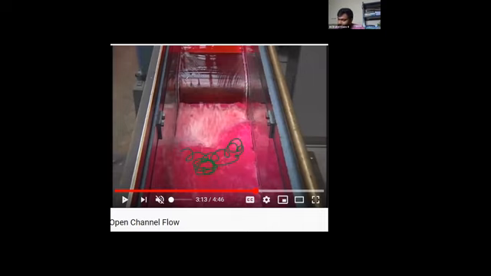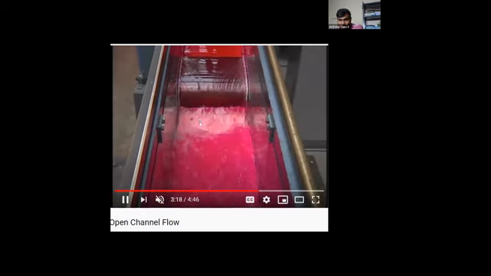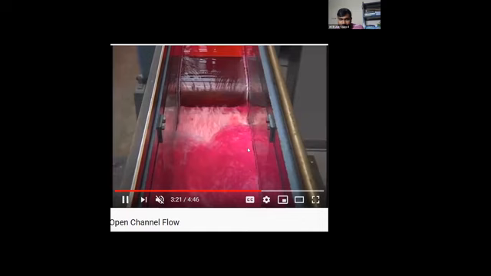This is a sluice gate in this experiment. Have a look. You can see a reversal of flow happening or not. This is on the downstream side, and then some reverse flow happens.